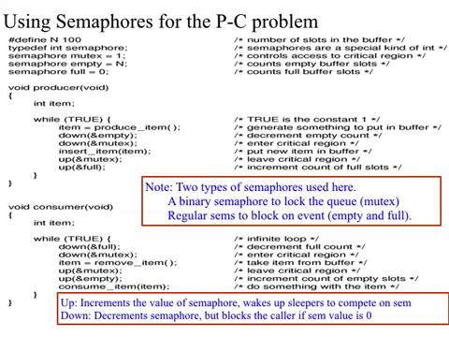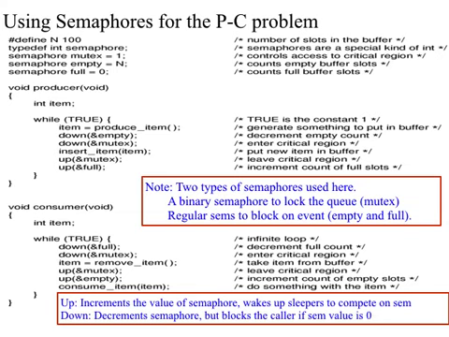If you notice this sequence for the producer, the initial down on empty can block if empty is 0. What that means is that if all the slots in the buffer are full, then empty will be equal to 0 and the producer will have to wait on the down empty step.